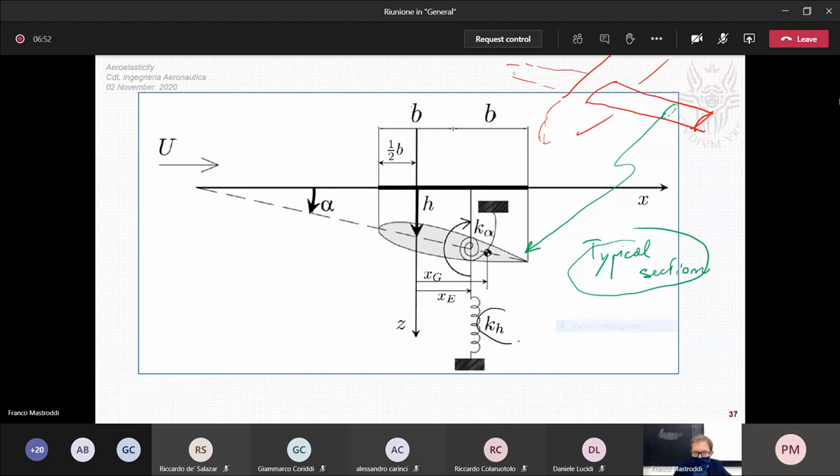this stiffness, vertical spring, and you have also this torsional spring right here, and these two springs are located in this point here, and the coordinate of this point is xe, and E is for elastic center.